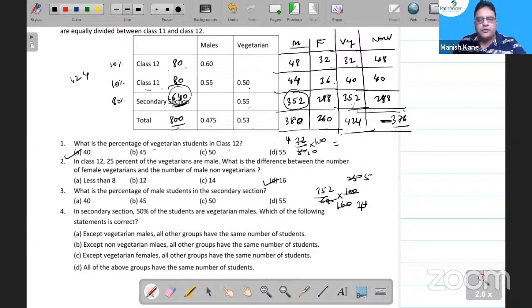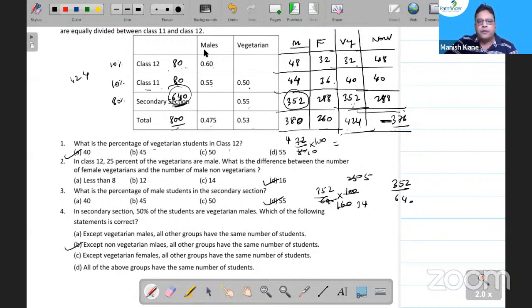So if you solve this, how much should you get? 352 upon 640. How much should you get? 55. And fourth, B is the correct answer.